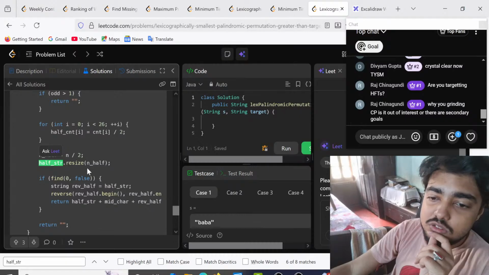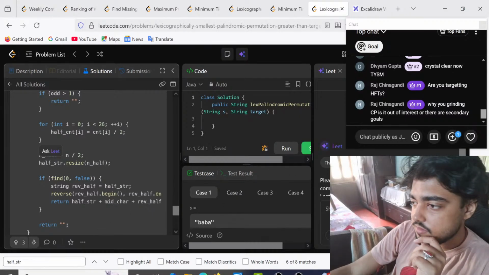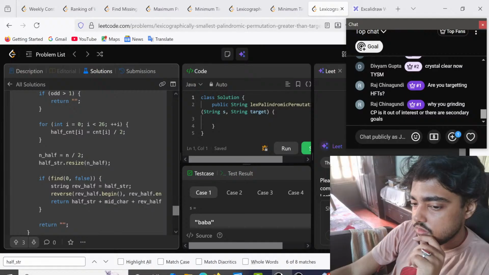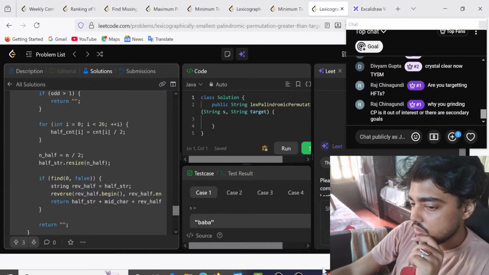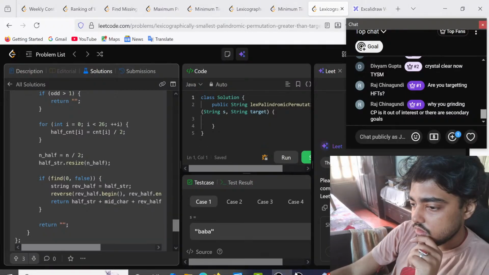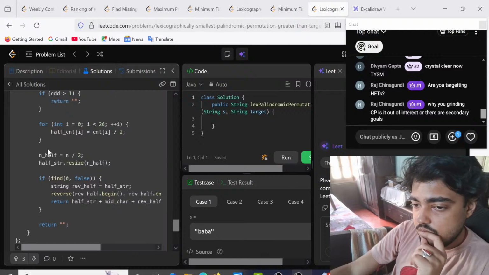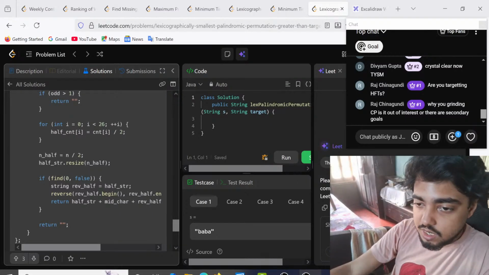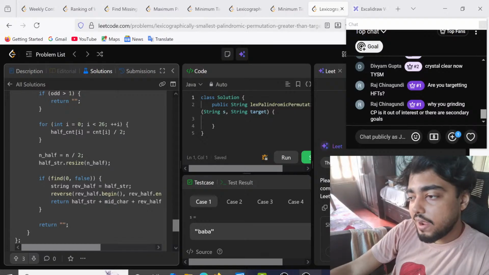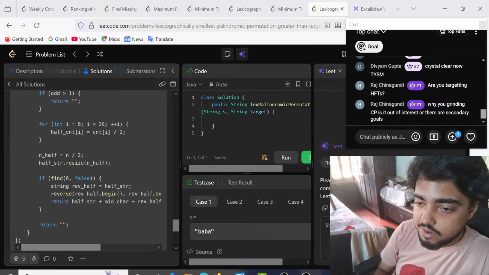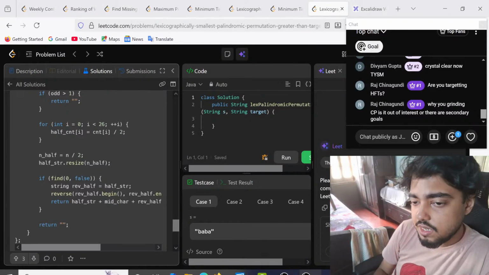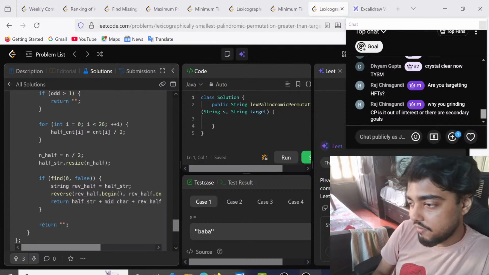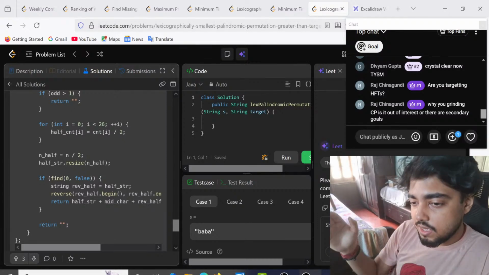This is going to be used for that thing. So n half is equal to n by 2. Half str dot resize n half. If find of 0, comma false, that is string reverse half equal to half of str, he's reversing it and then adding them.